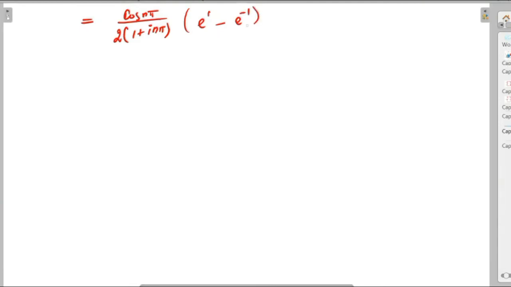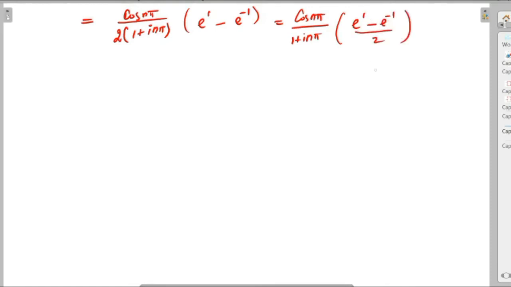If you multiply the minus inside the close bracket, now you can rewrite cos nπ divided by 1 + inπ into (e^1 − e^−1) divided by 2.